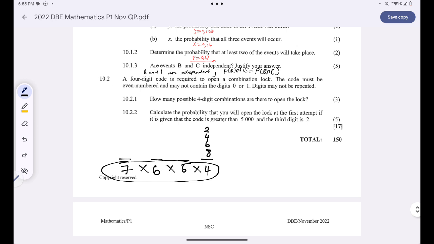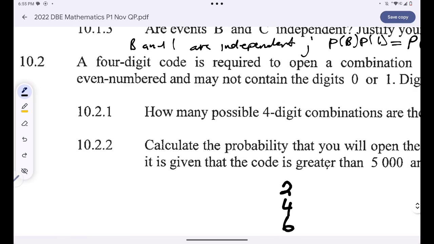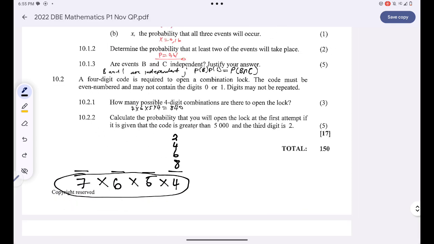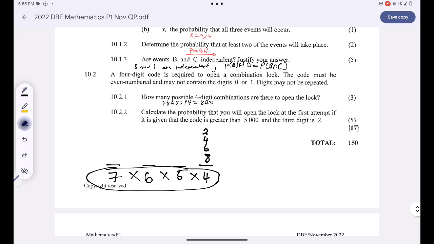So I'll simply have 7 times 6 times 5 times 4. And this will give me 840 possible combinations. Are we together?